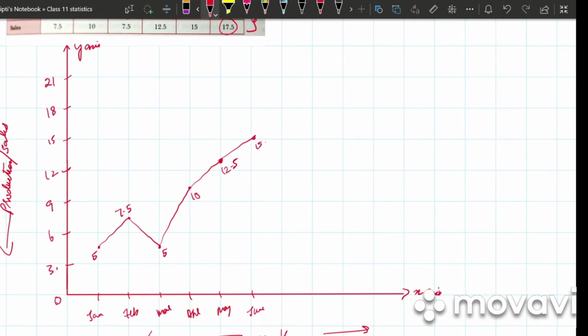Next go to our sales. For January it is 7.5. For February it is 10. March it is again 7.5. Then we have 12.5, 15 and 17.5.